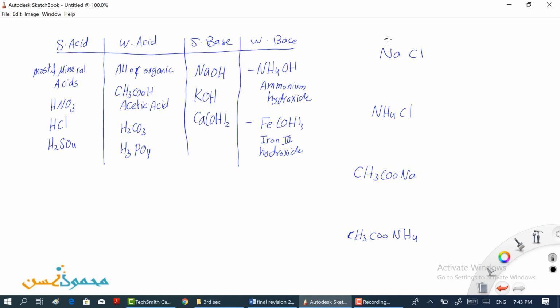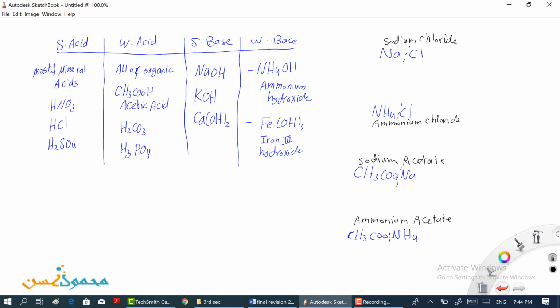Pay attention: sodium chloride, ammonium chloride, sodium acetate, and ammonium acetate. Each one is derived from an acid and a base, so we must divide them into two parts.